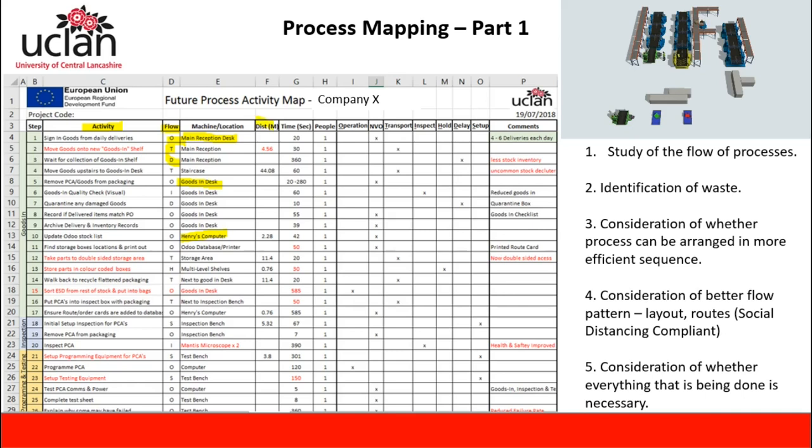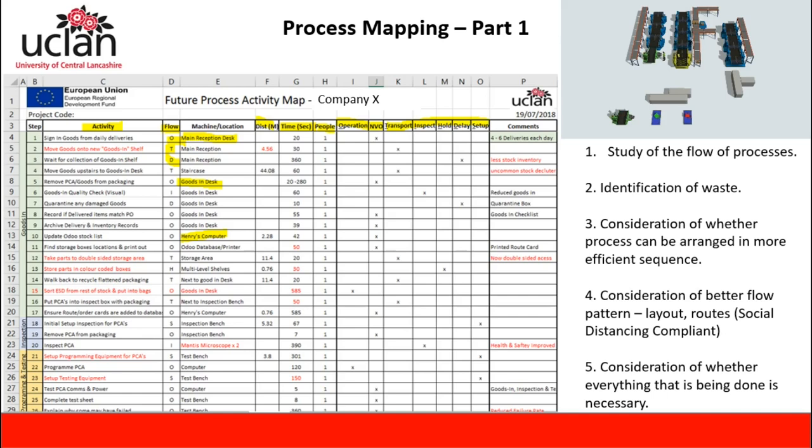We then also record the time in seconds of how long each activity takes and the amount of people that it takes. We then have the operations, which are the value added activities, and also the necessary value operations, which are value added in this particular case. And then the rest of these are wastes or non-value added activities.